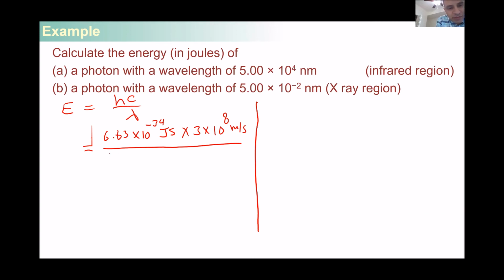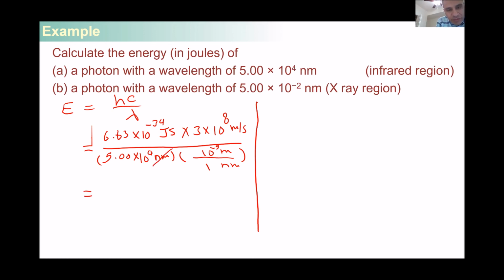So it's going to be 5.00 times 10 to the power 4 nanometers for the first photon, multiplied by the conversion factor from nanometer to meter, which is 10 to the negative 9.